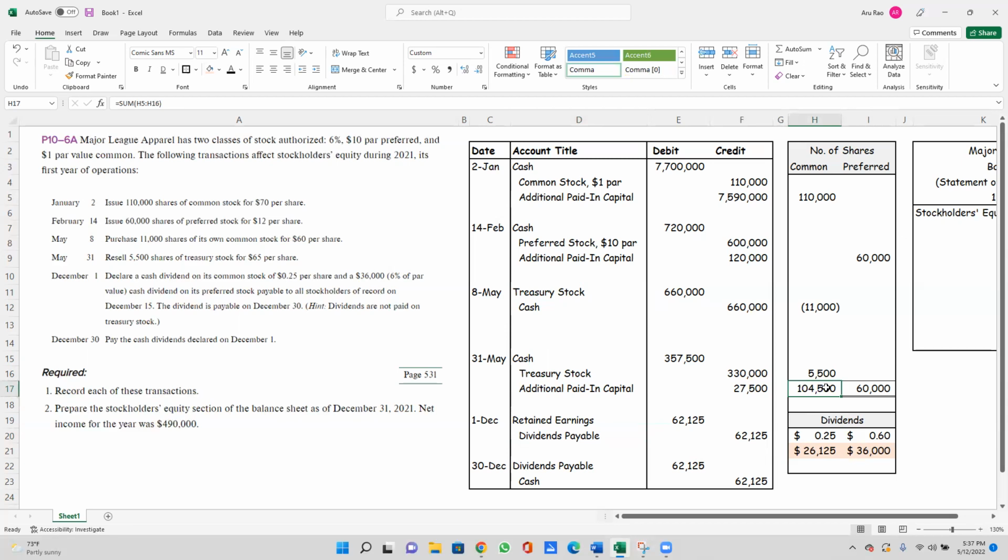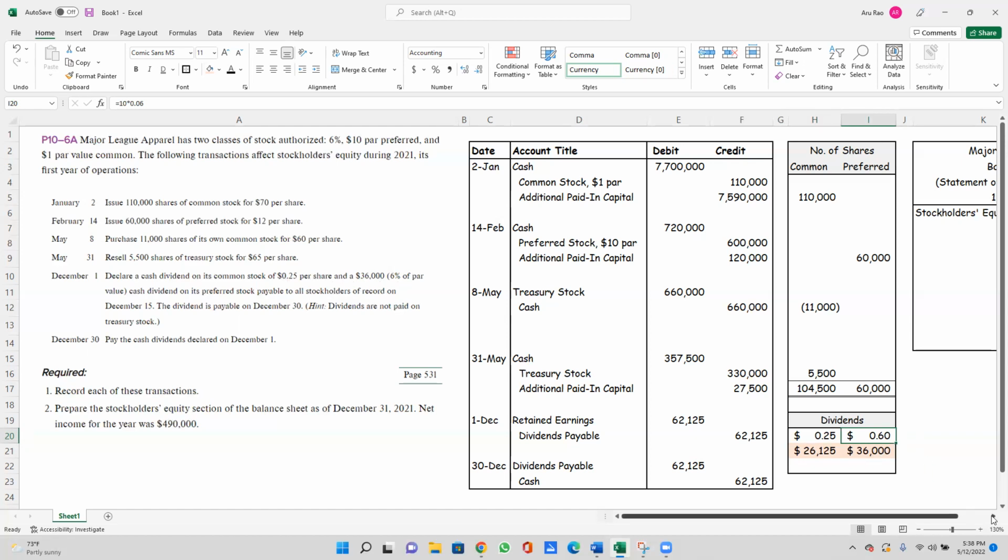They're never paid on Treasury, because if I pay on the full 110,000, I'm paying myself dividends, and that doesn't make sense because I'm holding 5,500, I being the company. You will always be told what the dividend rate is, or they will just tell you what the number is. In this case, they told you it's 25 cents per share. For preferred, they told you the amount was 36,000, but once again, you know how to do that calculation now.